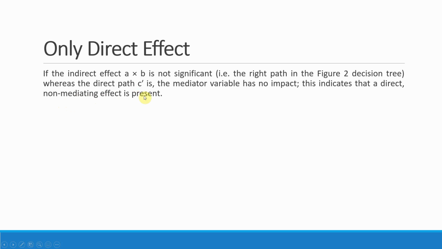So your specific indirect effect is insignificant, but your direct effect C is significant. So your mediator has no impact, and this indicates that a direct non-mediating effect is present.